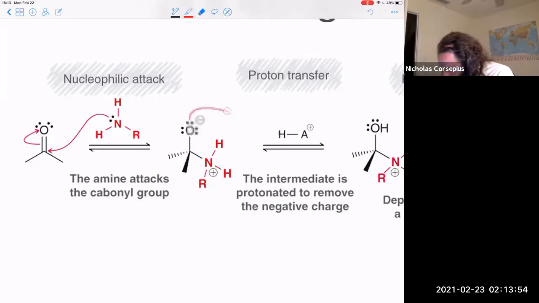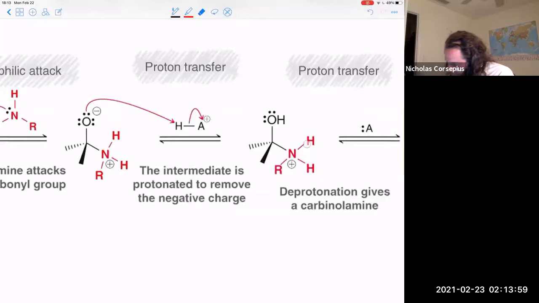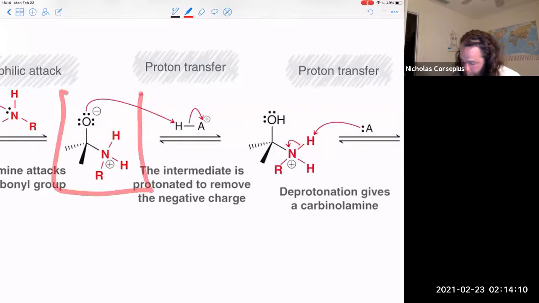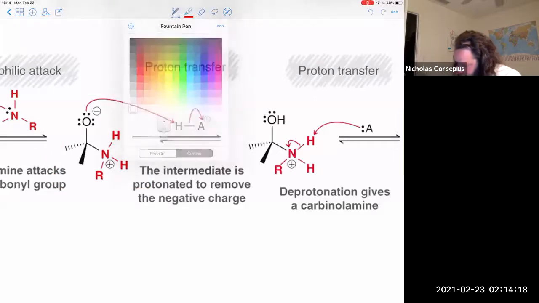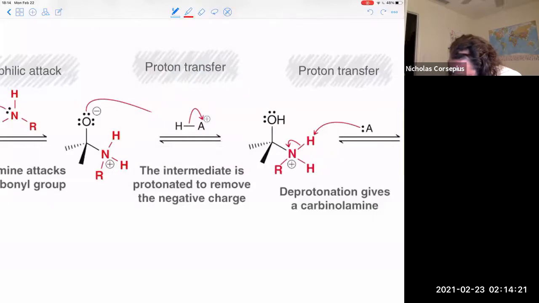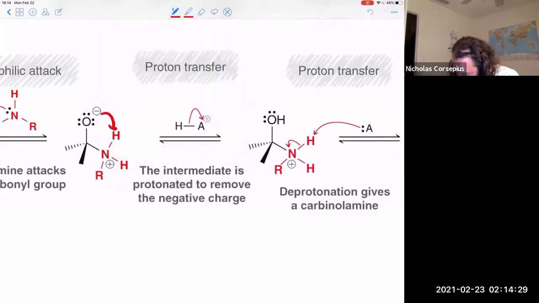Okay, the next step is going to be a proton transfer to that oxygen, as well as a proton transfer removing a hydrogen from that nitrogen, right? So we get to this step here. We have to protonate the oxygen and deprotonate the nitrogen. To be honest, instead of using this generic acid, generic base thing, if you wanted to have the oxygen reach over and grab the hydrogen off of the nitrogen, that's okay too.